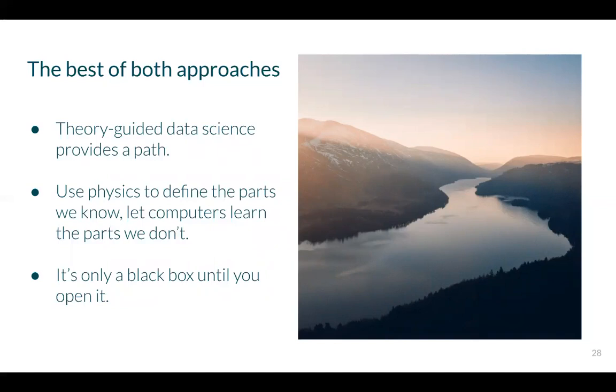To sum up this approach, we use the physics to define the parts of the model that we know and we're confident in, and then we allow computers to learn the relationships and the parts that we don't.